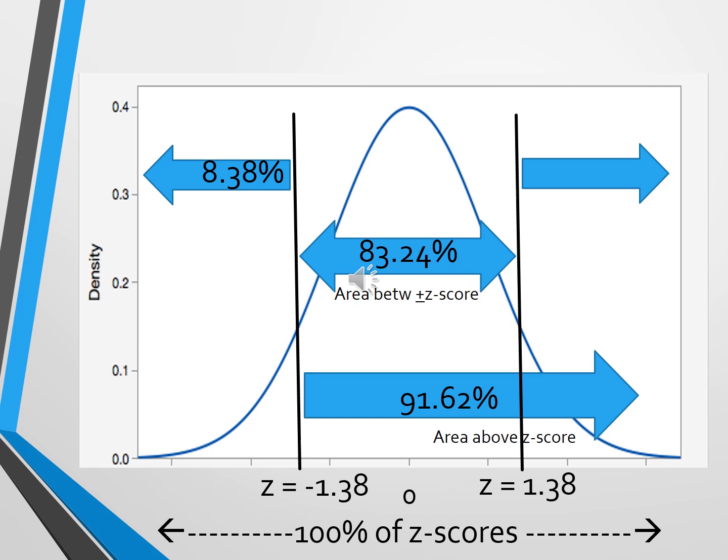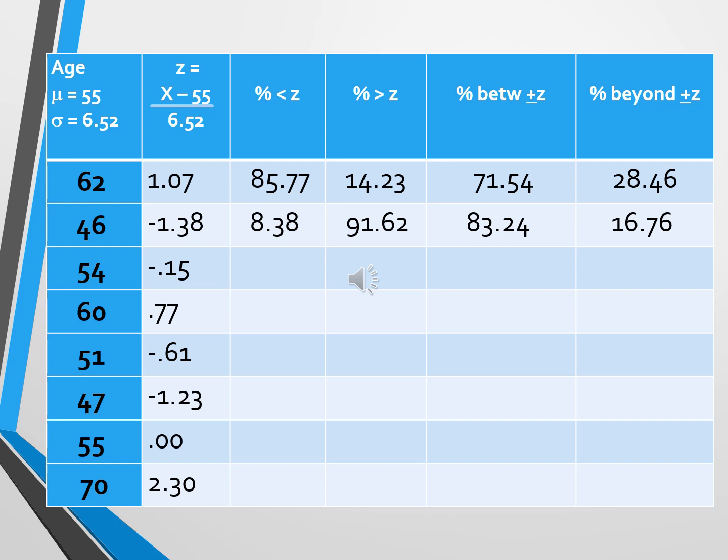So 83.24% of the scores are between plus and minus Z-scores of 1.38, and the area beyond 1.38 and negative 1.38 is just adding the tails. 8.38 plus 8.38 is 16.76. And we can put all of that into the table.